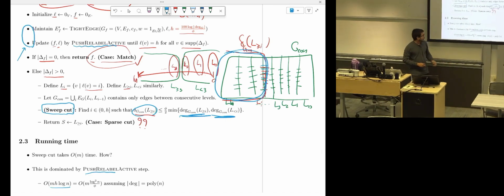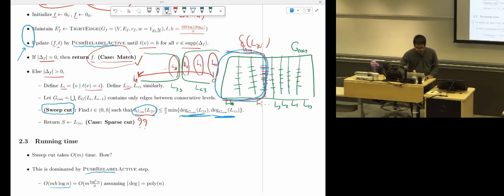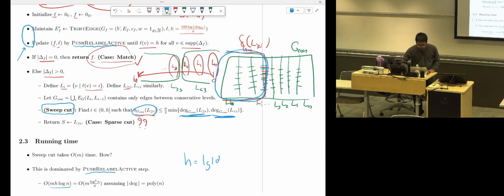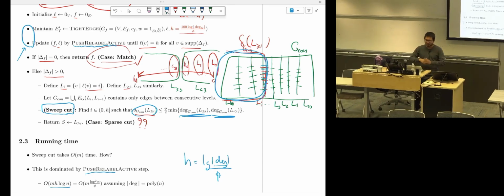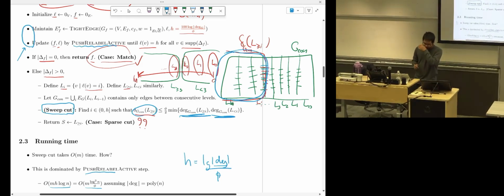H is something like log degree over phi. And let's say degree is something like poly n. Maybe the graph is capacitated, but let's say it's poly n. So it's log n too. This is basically m log square over phi. So it's still fast.